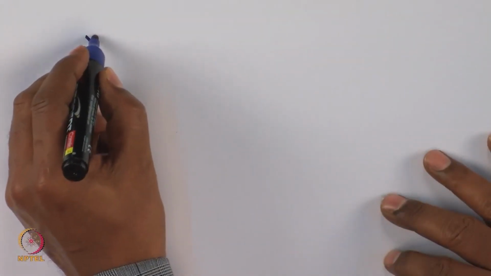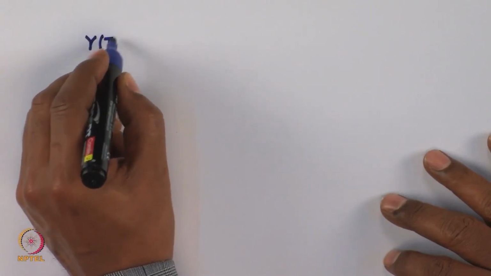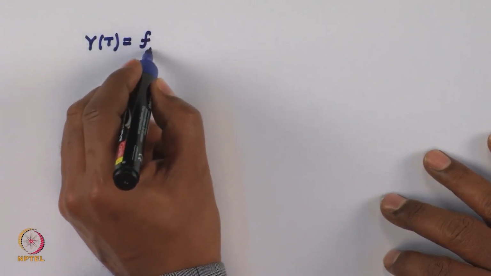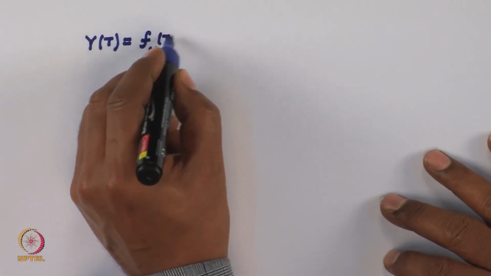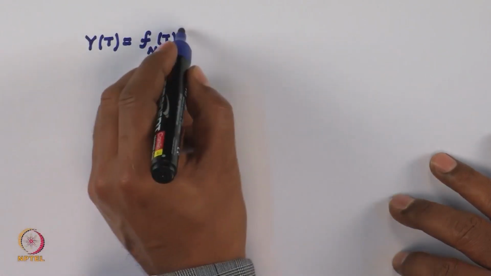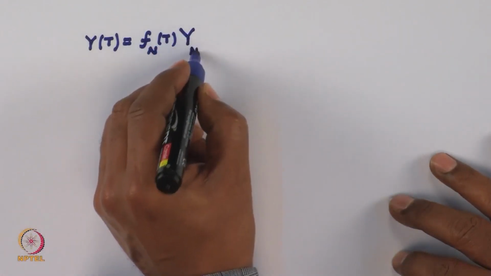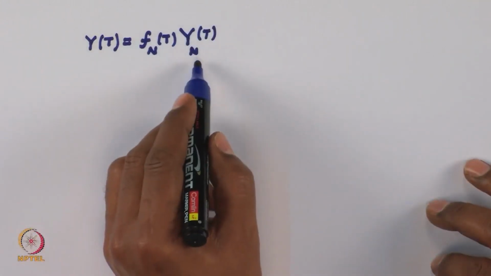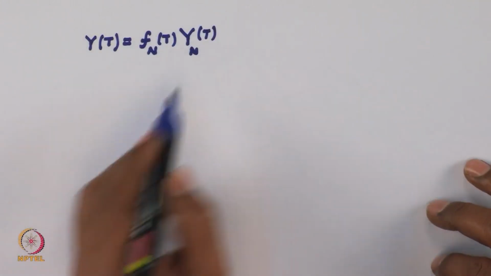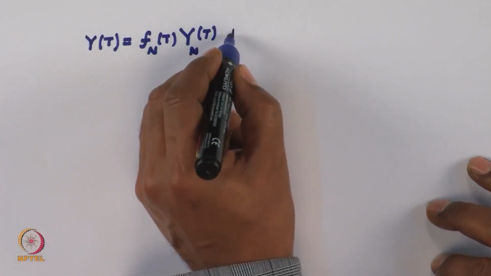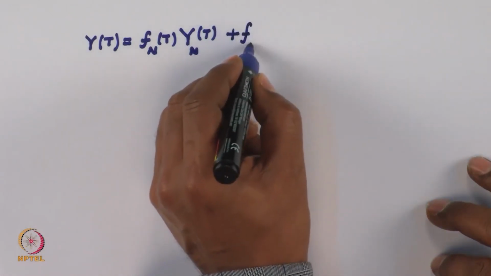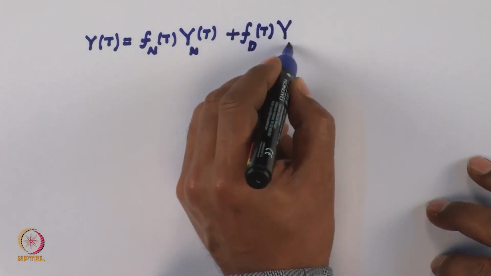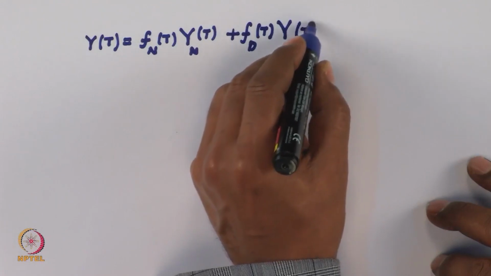Y, the property at any temperature T, will be equal to the fraction of the protein in the native state at that temperature, Fn at T, into Yn at T, the value of that property in the native state at that temperature, plus Fd at temperature T into Yd at that temperature.